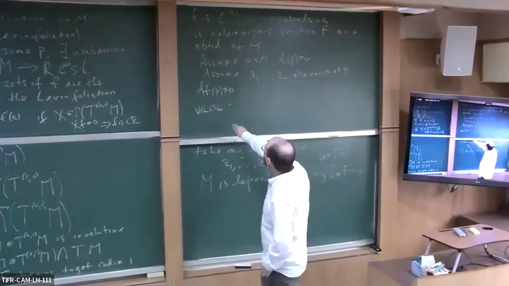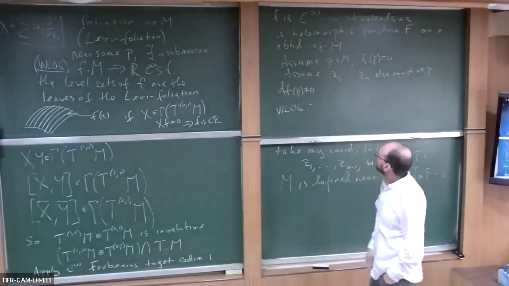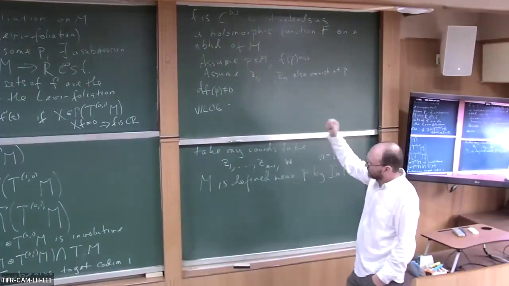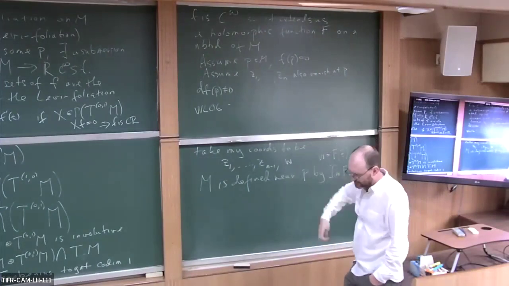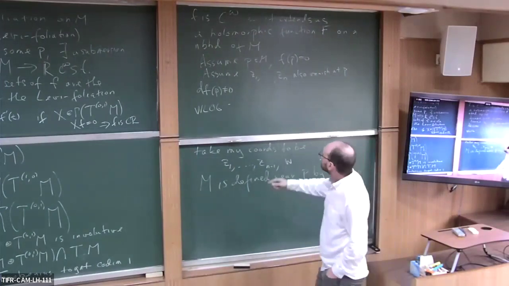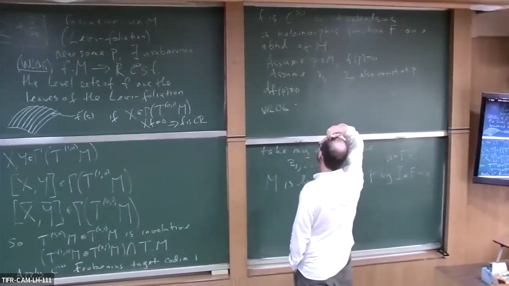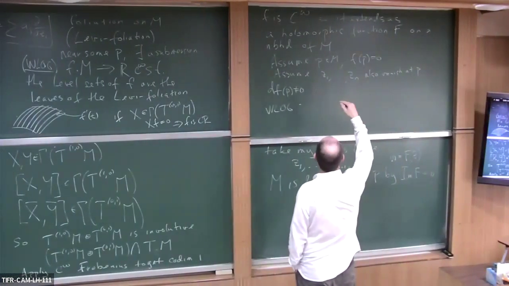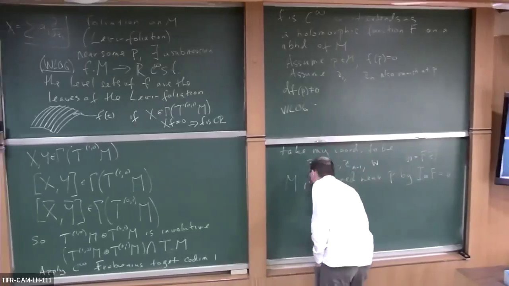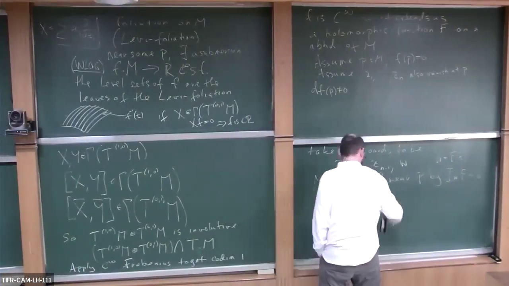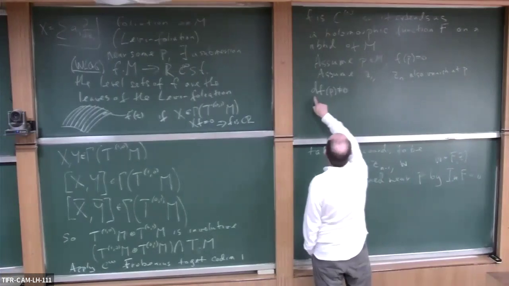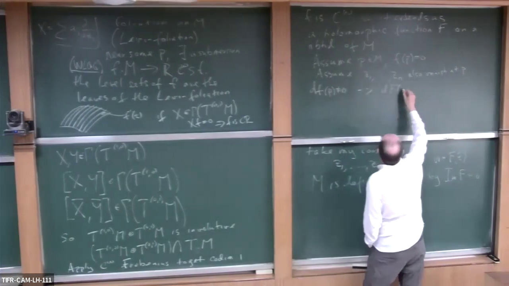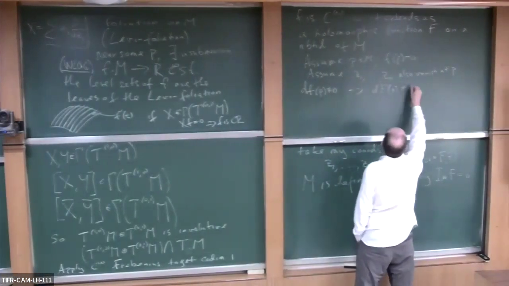So maybe think of it this way. So let's do it this way. Okay, so this is not zero, so the f p is not zero.